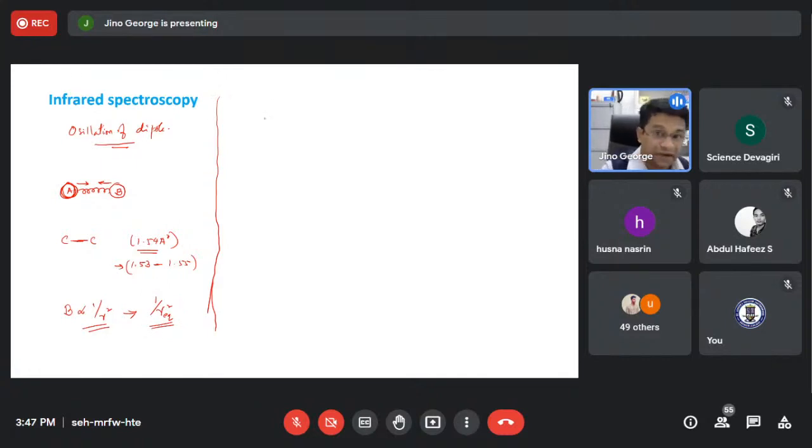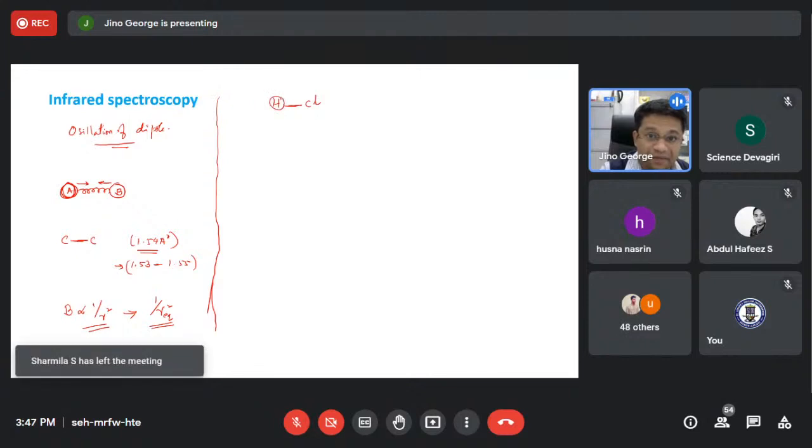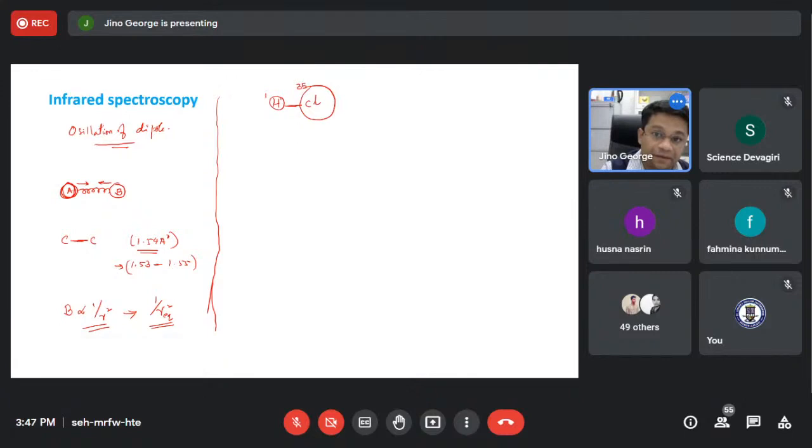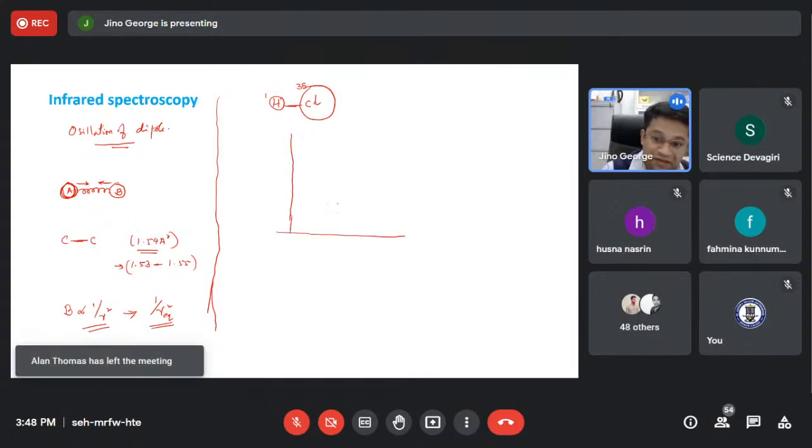Now, let us take hydrogen chloride. This is a simple example in which a small atom is connected to a big atom, 1 to 35, right? That is how the difference is. Now when I place it in terms of energy, your hydrogen is here, your chlorine is on the y-axis, locked, the big atom.